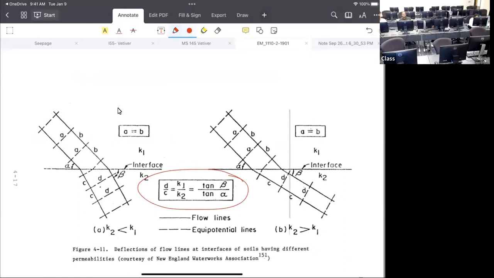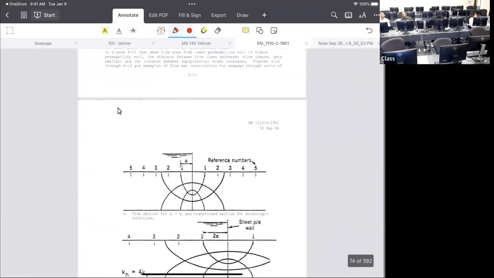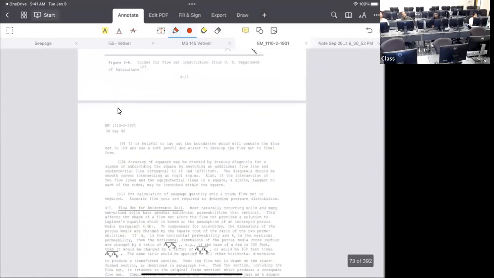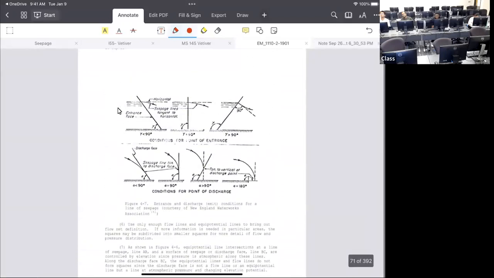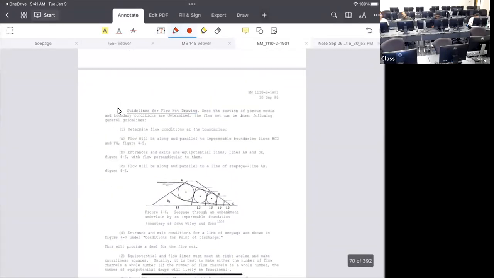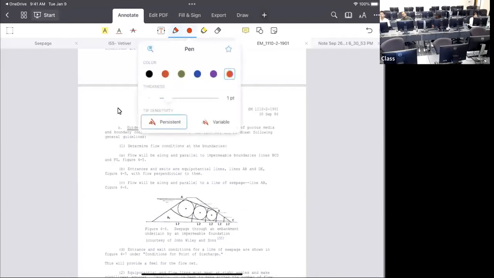This manual explains it really well. I suggest you read this part, especially this part. It's very important. It explains how to develop this, the methodology, and the guideline for flow net drawing.